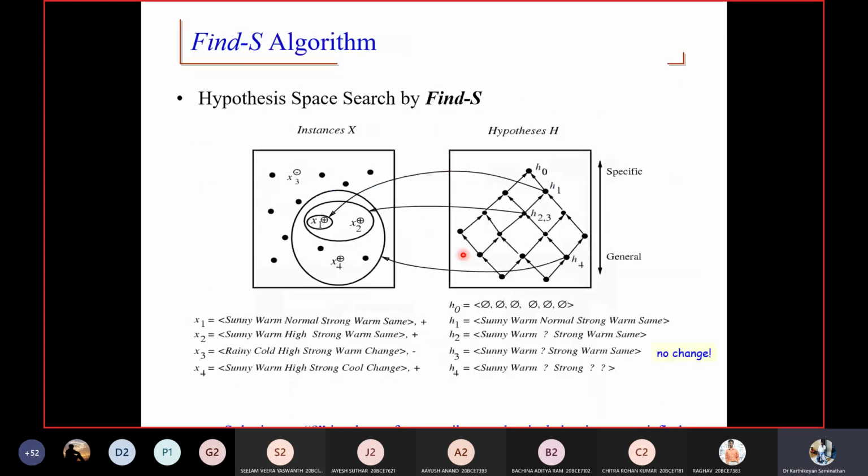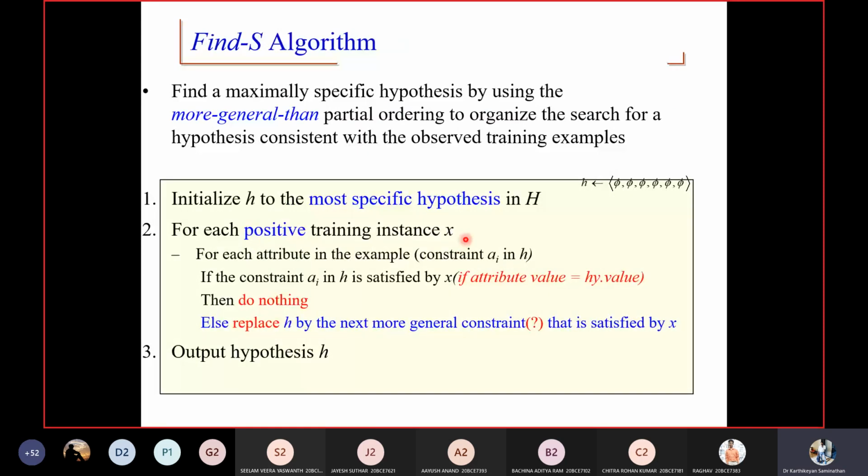See, for each positive training example, this is your algorithm. Initialize H to the most specific.